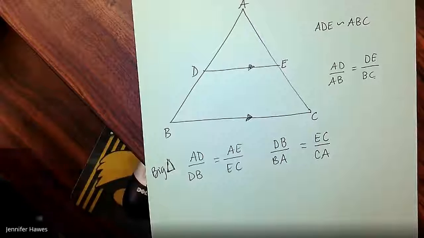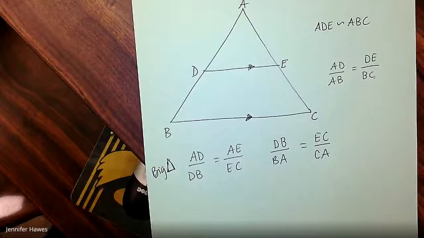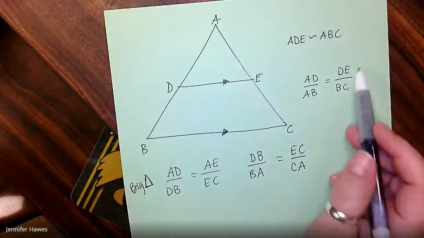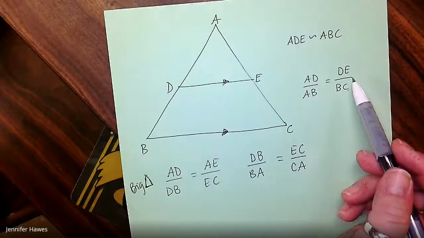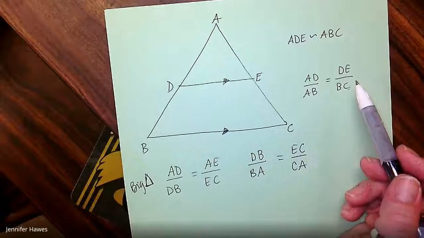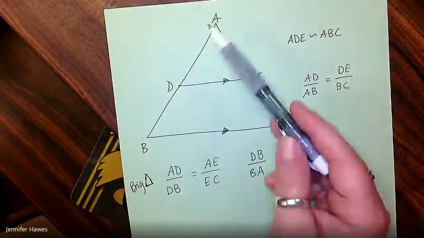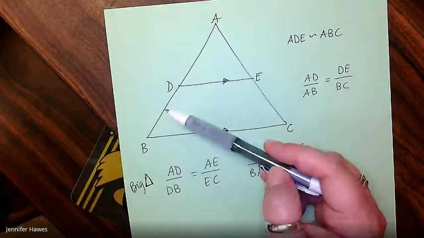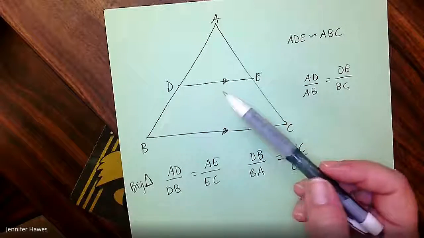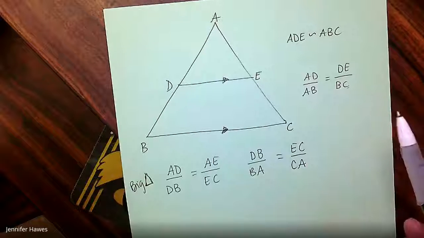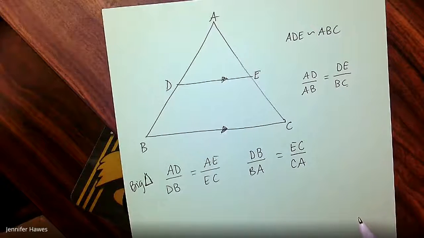There are lots of different things, but whatever you set up on one side, you have to set up on the other. If you're taking one from one triangle, take one from the other. If you're doing pieces, because this whole side of the big triangle got broken down into a couple of pieces, start at the shared angle.